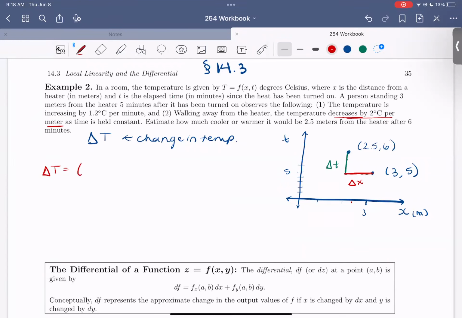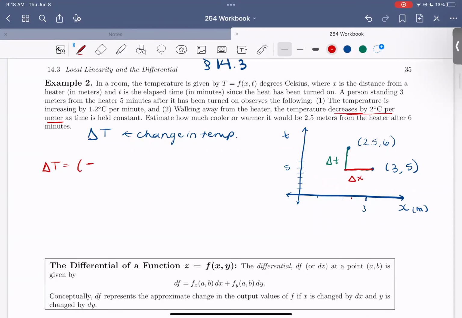So we know that the change of our temperature just by moving away or closer to the heater is going to be -2 degrees Celsius per meter. I'll write out meter so it's a bit more clear. But that's per meter, and we haven't gone a whole meter. How far have we gone? Well, from 3 meters to 2.5 meters, we've gone -0.5 meters. So our change of location is -0.5 meters.